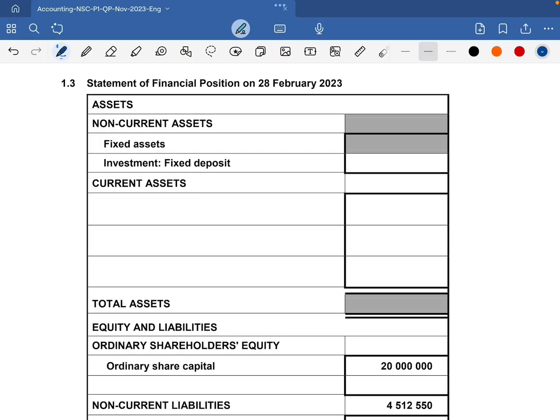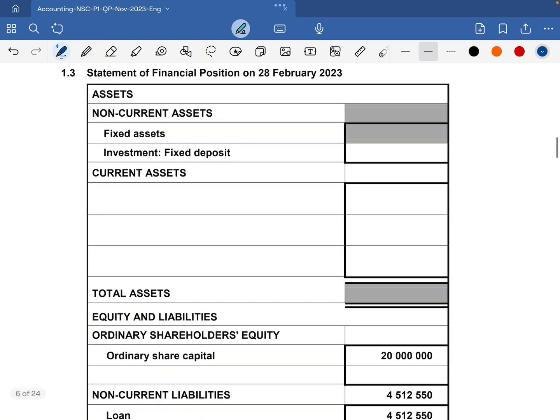So the statement of financial position on the 28th of Feb 2023. Okay, as you know, we have assets, non-current assets, so we are not determined to calculate our non-current assets. Our fixed assets also we don't calculate. The only thing we'll be calculating under non-current assets is our fixed deposit.